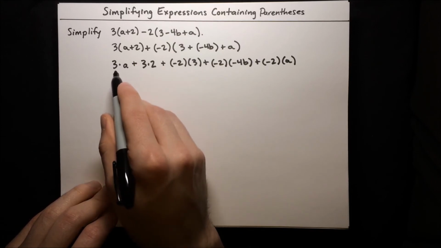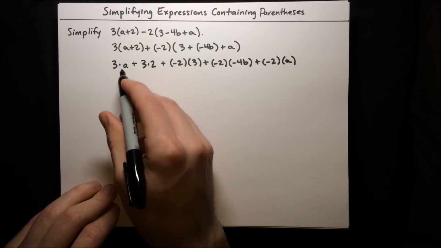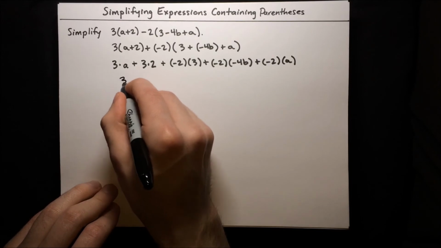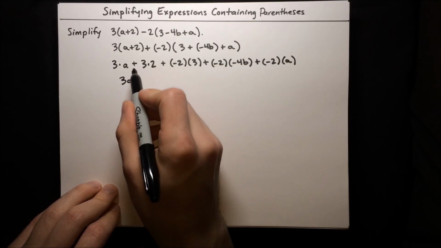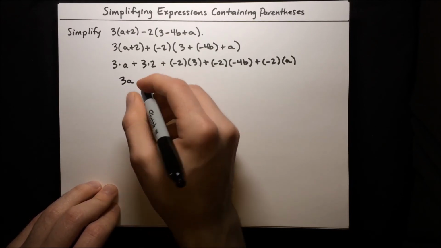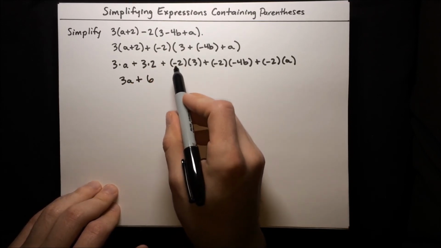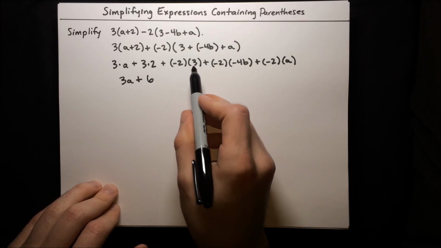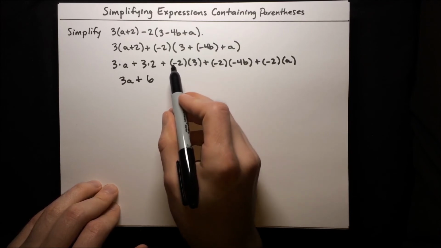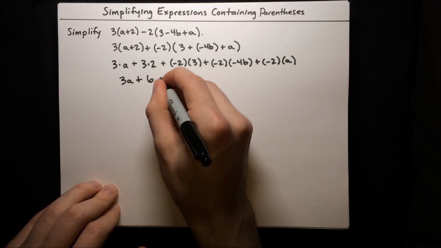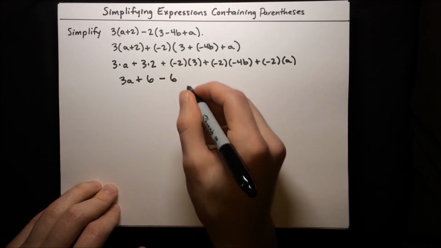Okay, so now let's go ahead and compute these and simplify, and then after we do that, we'll be done. So 3 times a, we can write using algebra shorthand as just 3a. And then plus 3 times 2, well 3 times 2 is 6, so that's plus 6. And then plus negative 2 times 3, well 2 times 3 is 6, and then tack on that negative sign, and then we've got negative 6, so that's really minus 6.